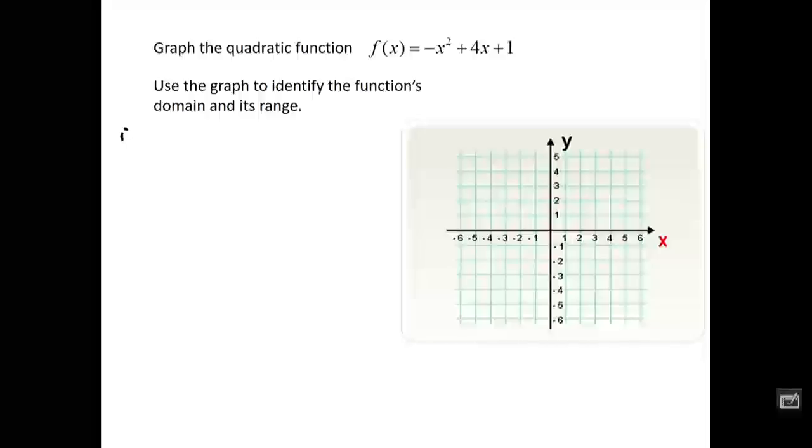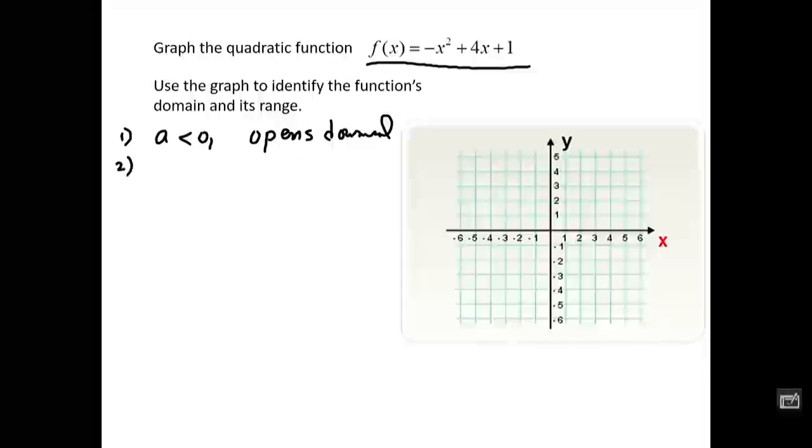Step one, we notice that in the function a is less than 0. A is equal to negative 1. So a is less than 0, which means that the parabola opens downward.